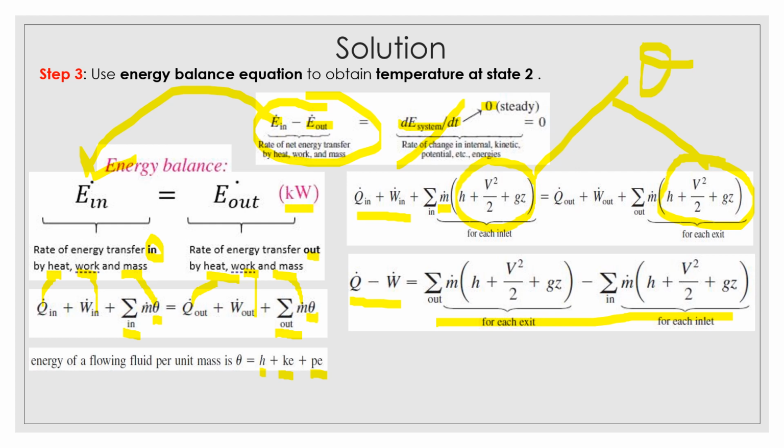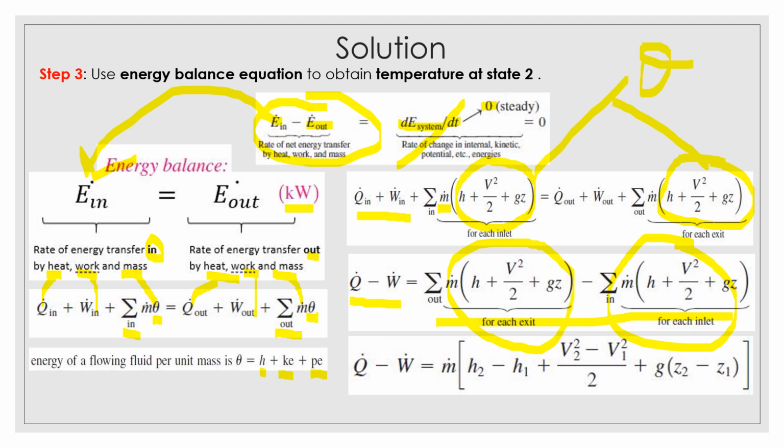But we still categorize the energy for the exit and the energy from the inlet. And then we try to rewrite this equation in this form: Q minus W equal to mass flow rate times enthalpy, kinetic energy, and potential energy.